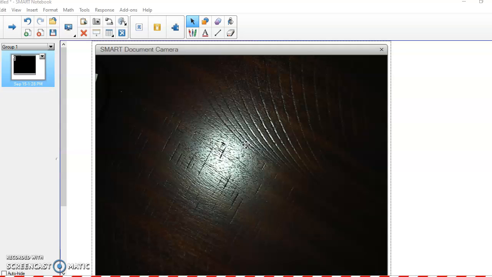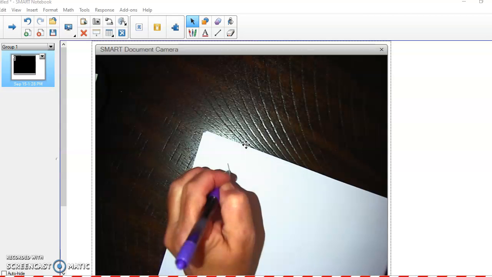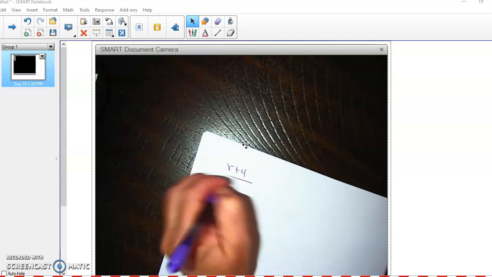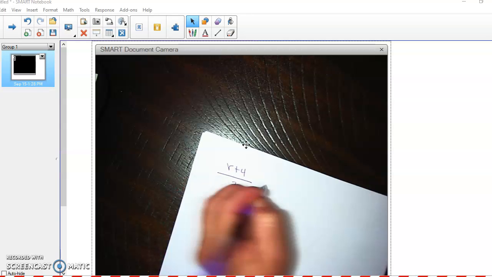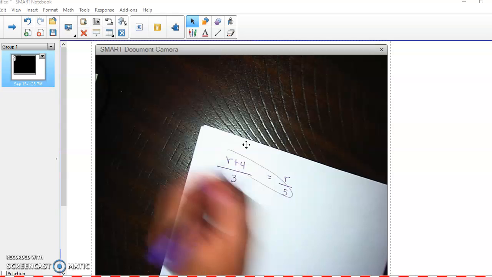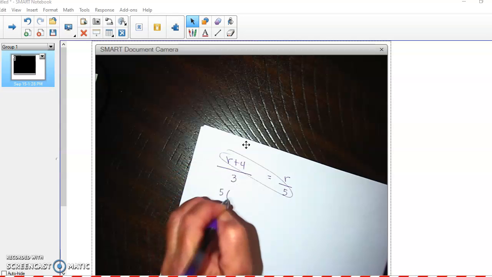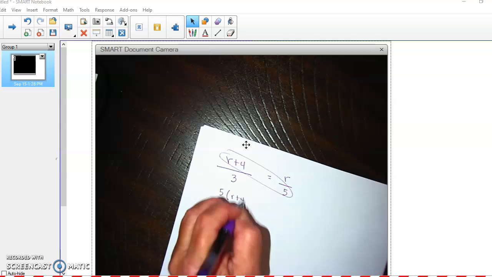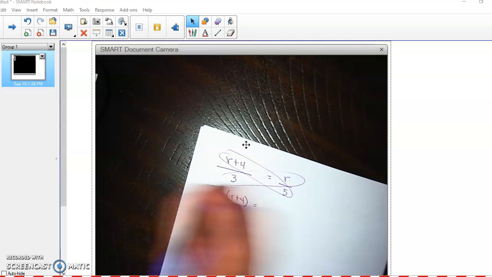Okay, the next problem. We're going to have r plus 4 divided by 3 equals r divided by 5. We're going to cross multiply. That means 5 times everything, and then 3 times r.